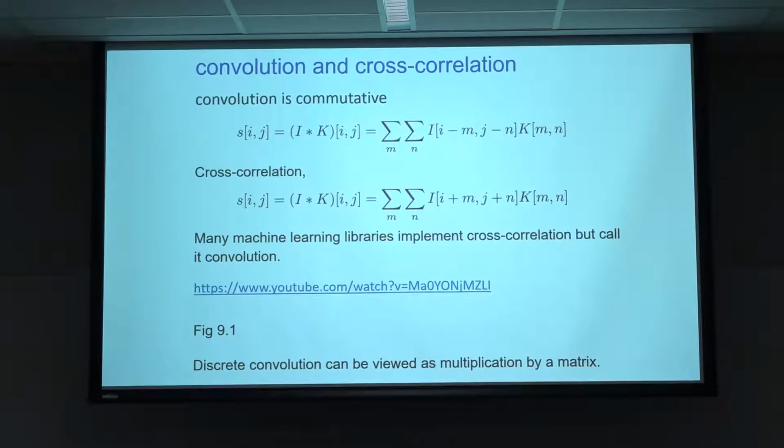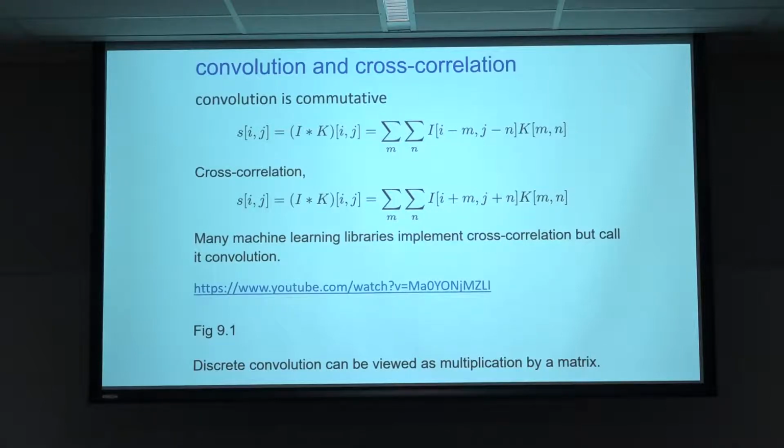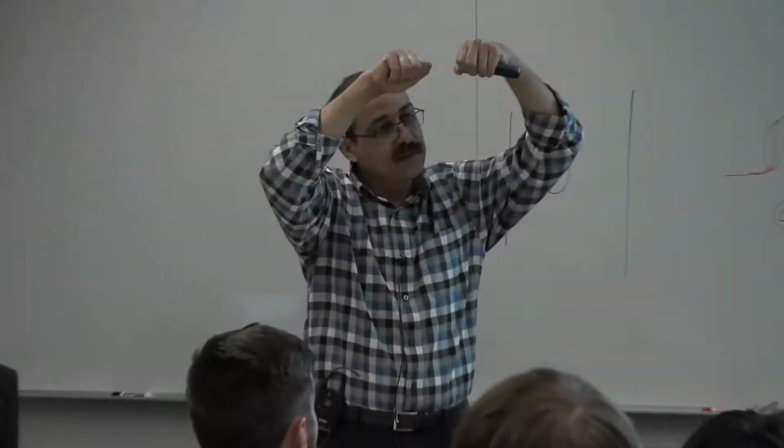There are two concepts. One, convolution. The other one is cross-correlation. And cross-correlation and convolution are pretty similar to each other. In convolution, you are flipping the second signal, then you shift it and multiply. In cross-correlation, you don't flip it. You just multiply it.